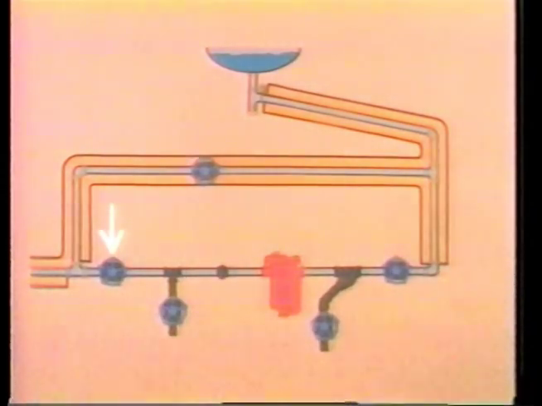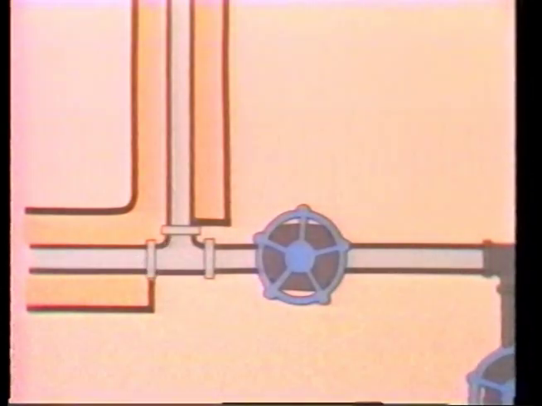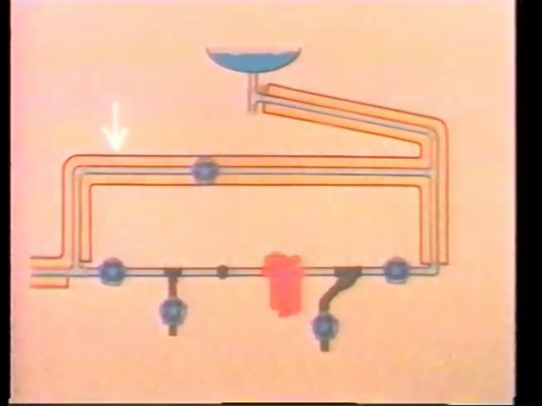There is an outlet valve here that separates the trap from the downstream piping. The downstream piping may discharge to the atmosphere, or it may discharge to a condensate return line, like it does here. And finally, there is usually a bypass line with a valve enabling us to bypass the entire trap station.